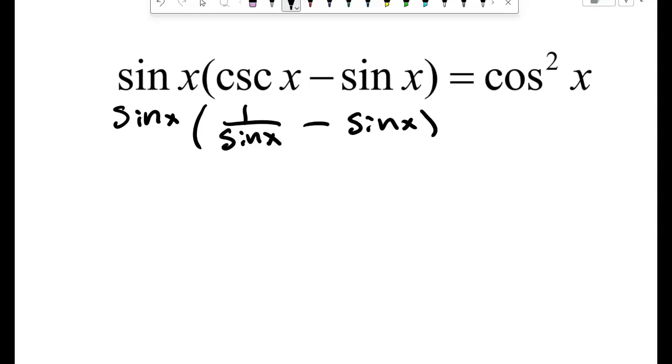Mathematically, I either can get a common denominator or can I just distribute? If I distribute, sine x times 1 over sine x is what lovely number? Minus what's sine x times sine x. Okay, ooh, I forgot my equal signs. Oh, how hypocritical. Okay. What's 1 minus sine squared x?